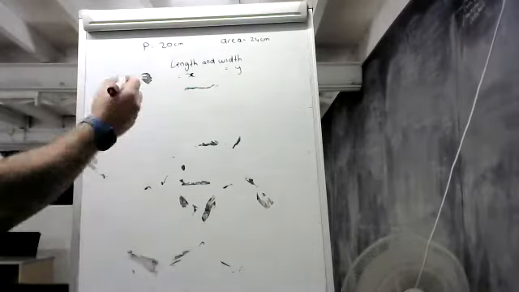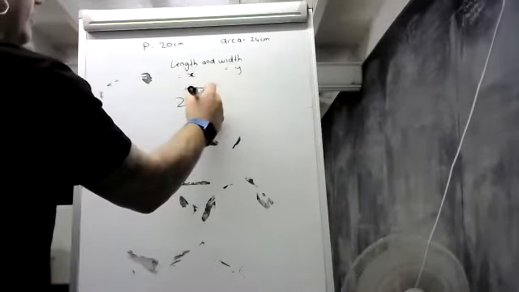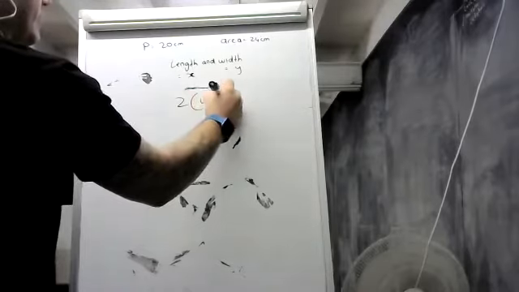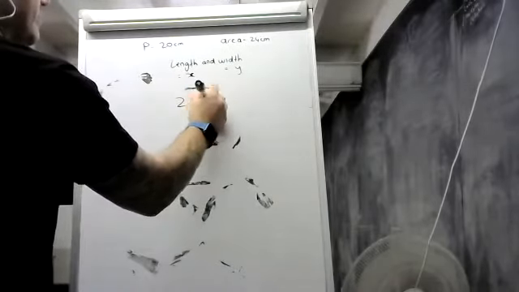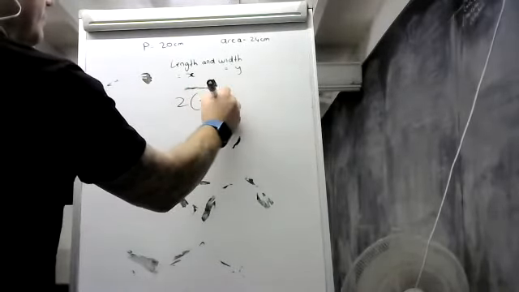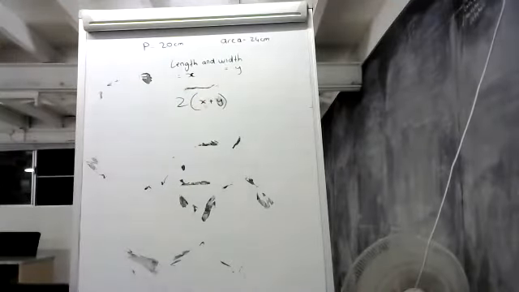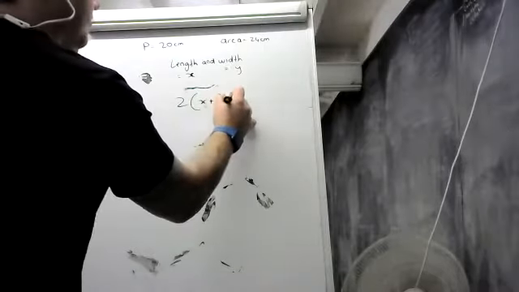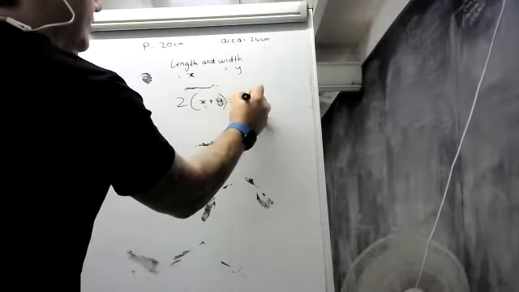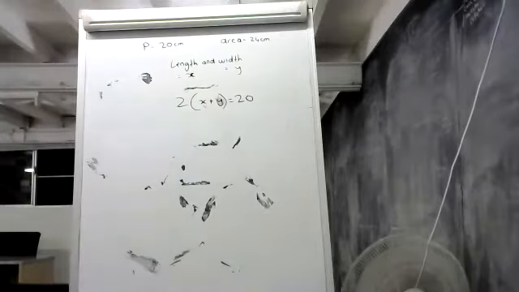Yeah, or for the perimeter, 2 bracket length plus width, or in this case, x plus y, and that is equal to 20. So that's the perimeter. We know the perimeter is 2(x plus y) equals 20.